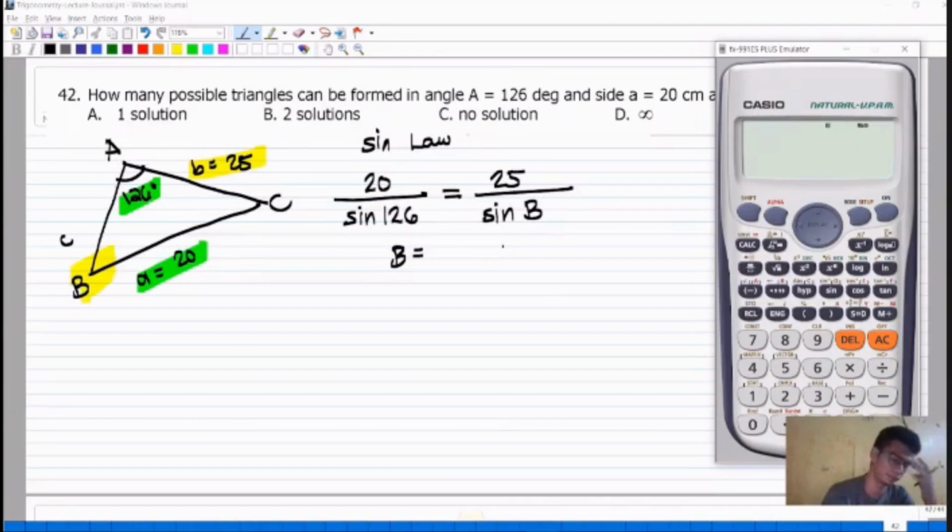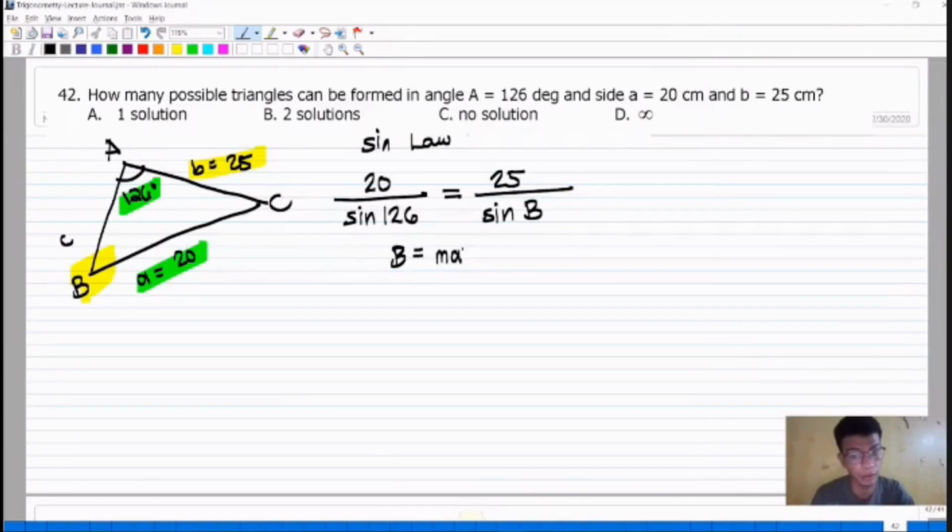Can't solve or because the answer is math error. So, bakit math error? There is no triangle form.